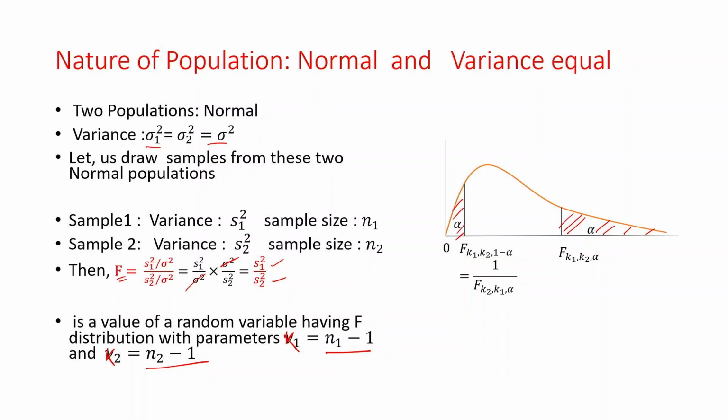Similarly, for a given value of alpha and K1, K2, that is degrees of freedom, we can find out the corresponding value of F. So what is the value of F here, when alpha is given and K1, K2 are also given.